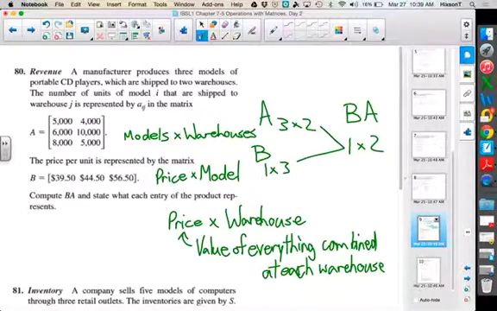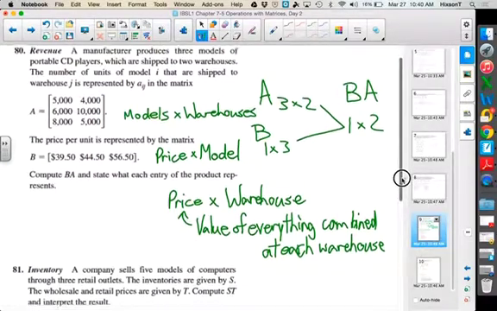So once we do B times A, then we'll know what the value of our inventory at the first warehouse is and what the value of the total inventory at the second warehouse is. So if one burns down, we know what it was all worth, and collect that insurance money.